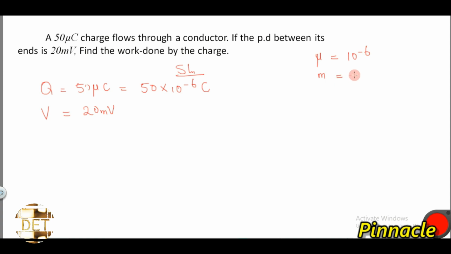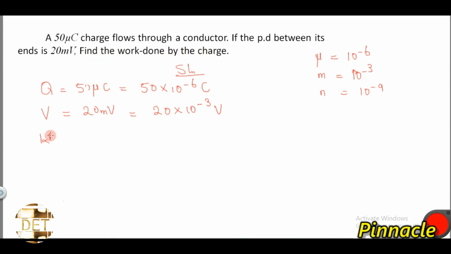Milli is what? 10 raised to the power minus 3. And nano is what? 10 raised to the power minus 9. So what we have here is 20 millivolts. So that will be equal to 20 times 10 raised to the power of minus 3 what? Volts. So find the work done by the charge.